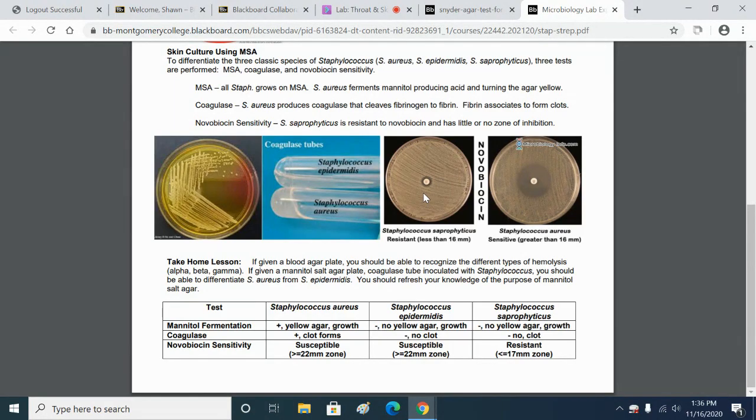What's another possible explanation as to why you get conflicting results? Maybe you have like all of them. Well, no, but we are testing just one colony from MSA. So we know we've got a pure culture, but we're still getting inconsistent results. So what's a possible explanation for that?